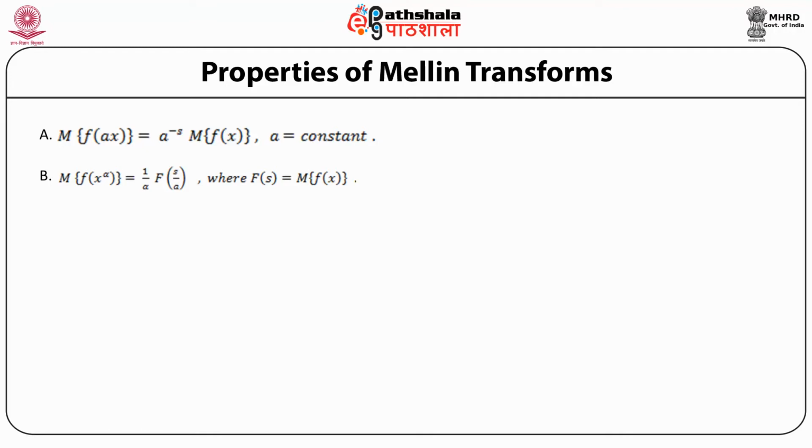Property number 3. The Mellin transform of a function f(x) multiplied by x to the power some number lambda is simply F(s plus lambda). Number 4.